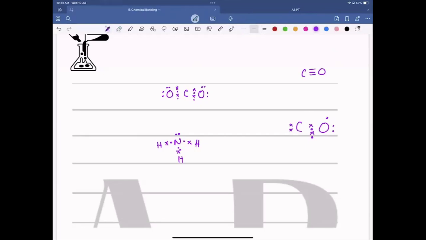So now think of another possibility, by sharing both electrons from one atom. I removed this pair and made it over here. Now count the electrons of both atoms.